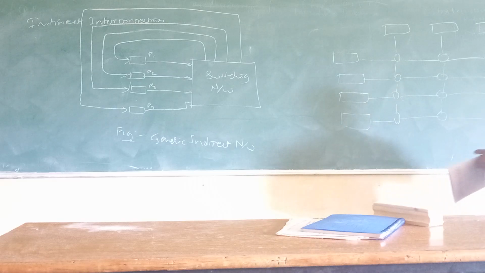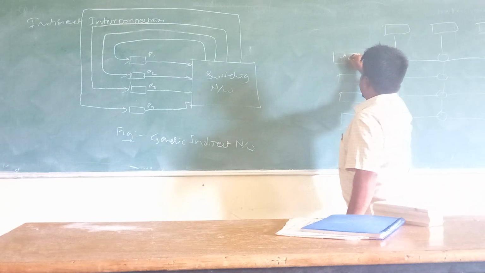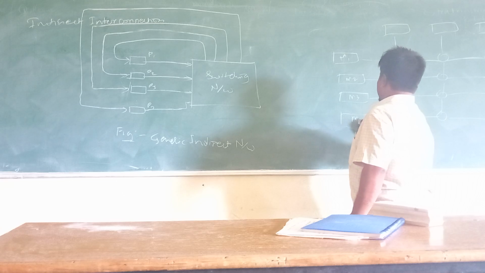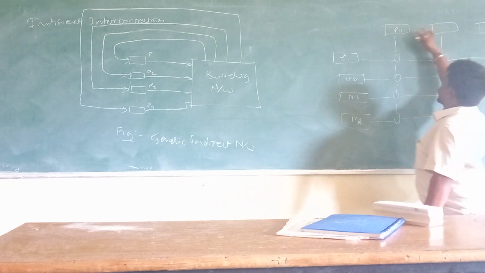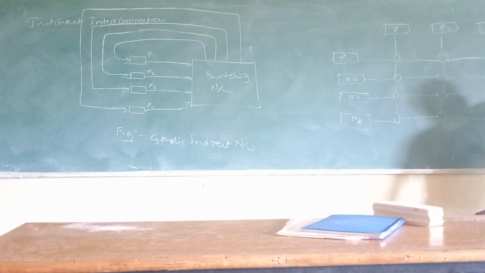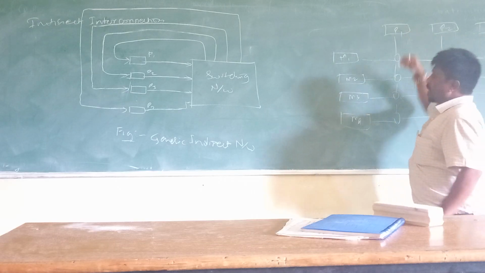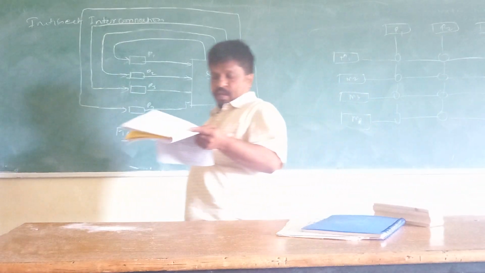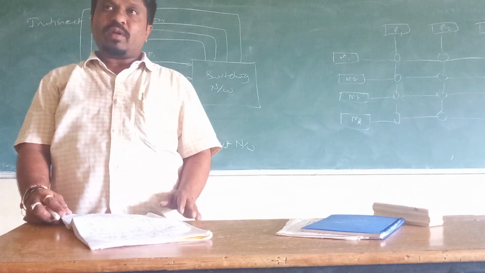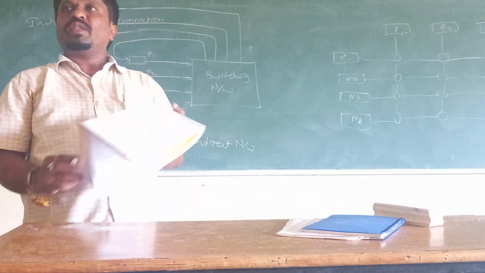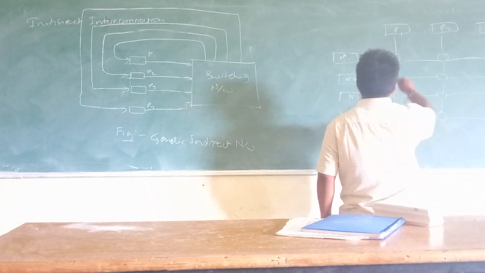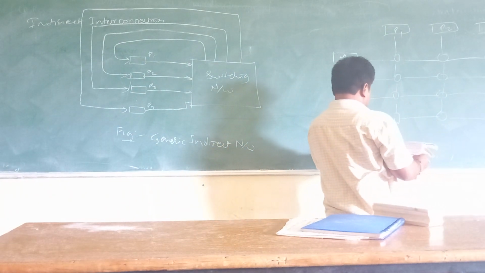These are the memories and processors. These memories and processors are connected to each other with the help of the switches. These are the bidirectional links.